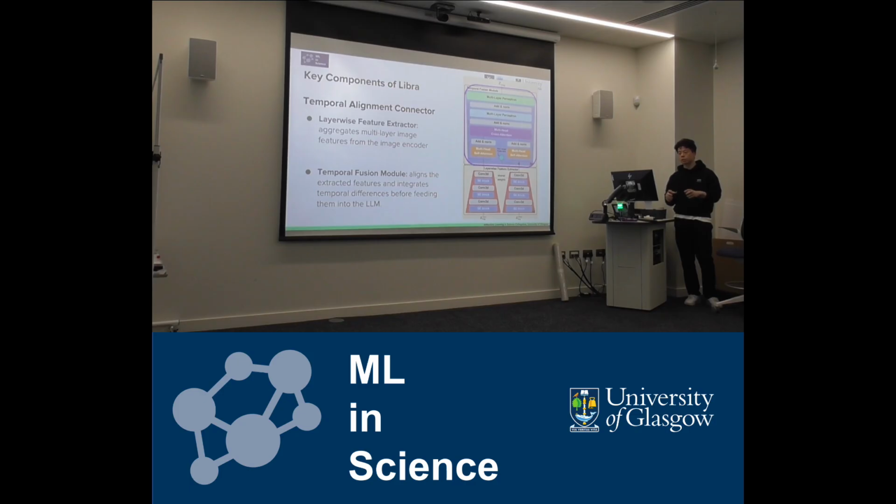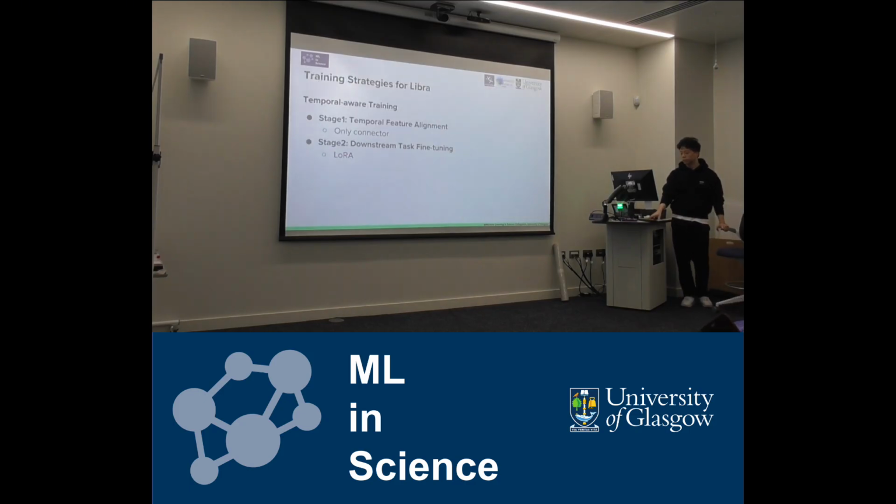This mechanism ensures that the model understands the temporal difference instead of just concatenating the images together in the latent space. You can think of it as the current image, during training and inference, always being the main query in the transformer blocks. So the current image will always be the main modality. Finally, we use a multi-layer perceptron to align the feature dimensions with the large language model space.